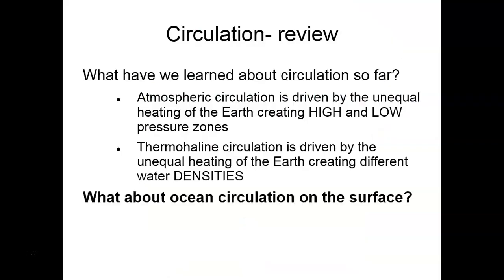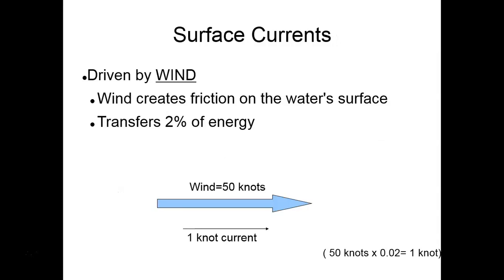Okay, so finally, what about ocean circulation on the surface? Thermohaline circulation is mostly driven by deep water, and that pushes water along in this conveyor belt motion. But our major currents in the ocean are driven by wind. So what happens is wind blows along the water surface and creates friction.